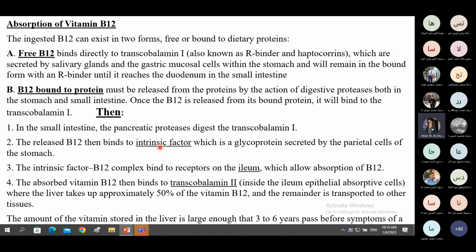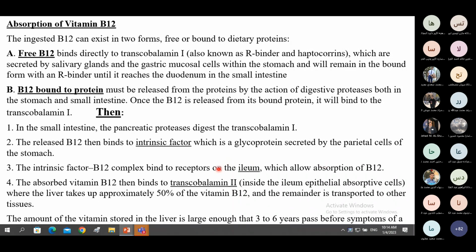So intrinsic factor bound to B12, together they bind to their receptors in the ileum, and absorption occurs there. This is why without intrinsic factor, B12 can't bind to its receptor in the ileum, and there will be deficiency if there is no intrinsic factor.